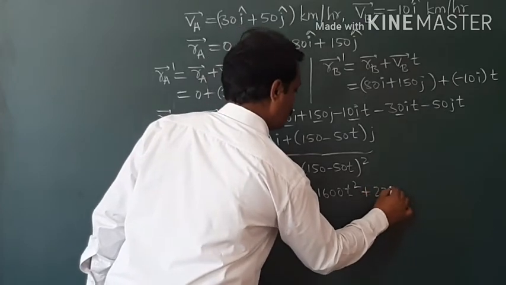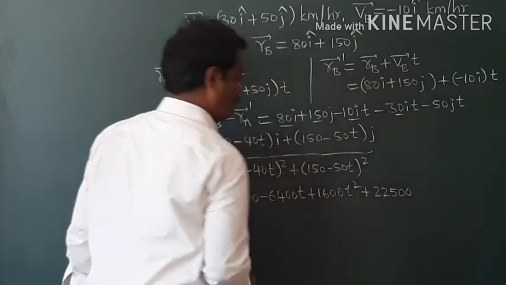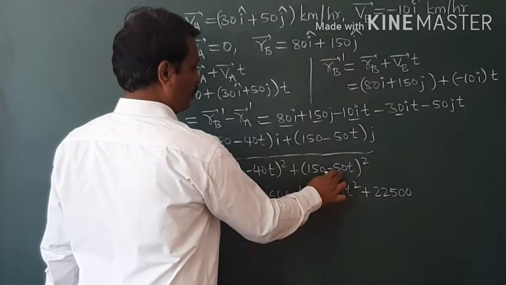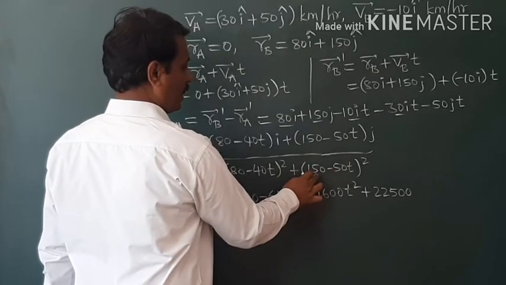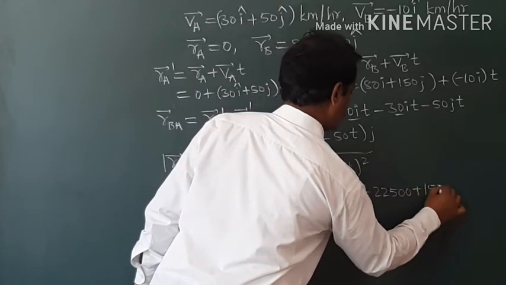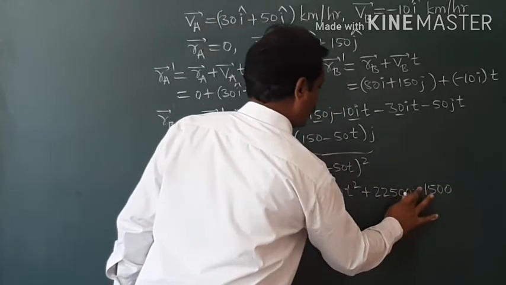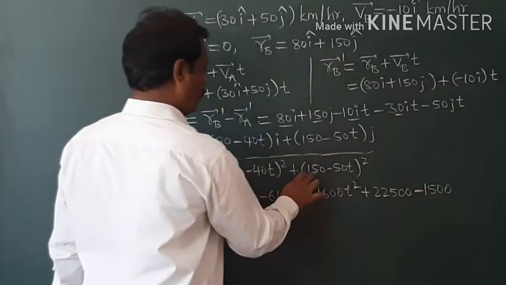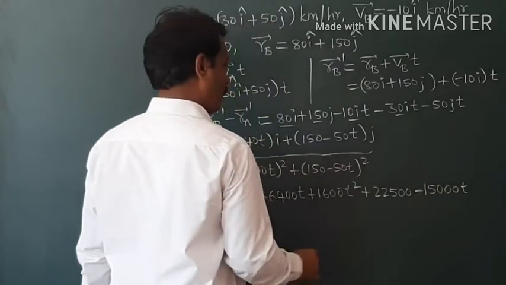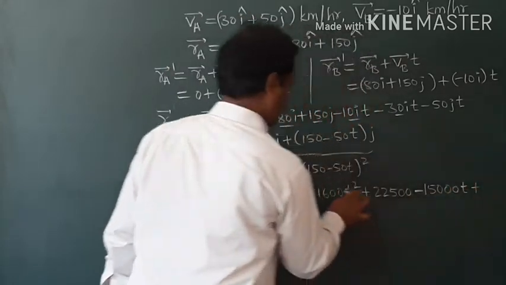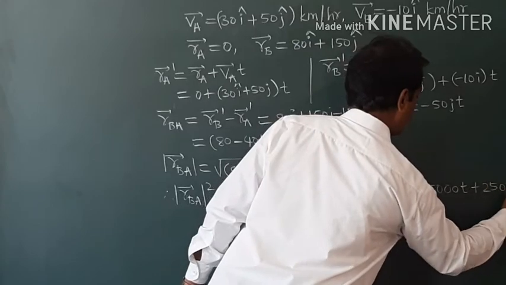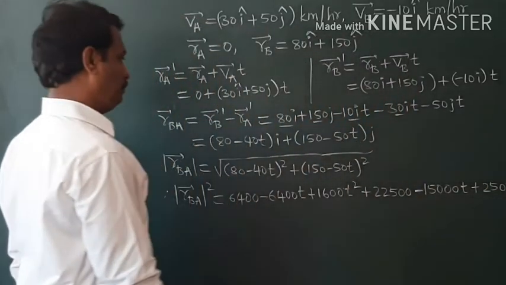Similarly here, a square means 150 square, which is 22,500, minus 2ab, 2 into 50 is 100, into this 150, so 15,000 t, plus b square, which is 2,500 t square.